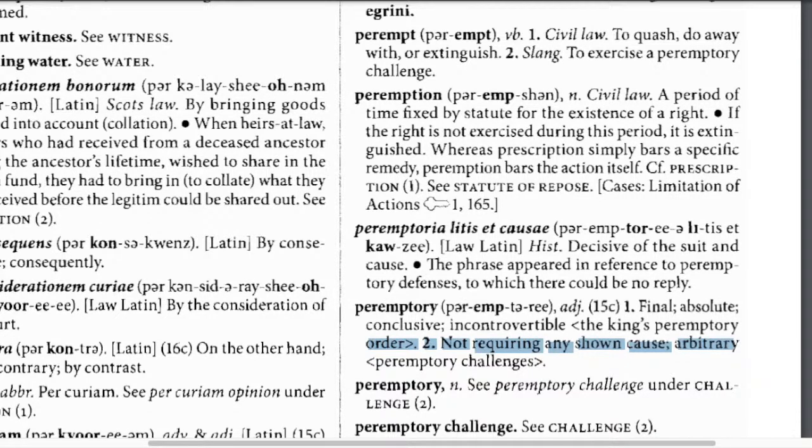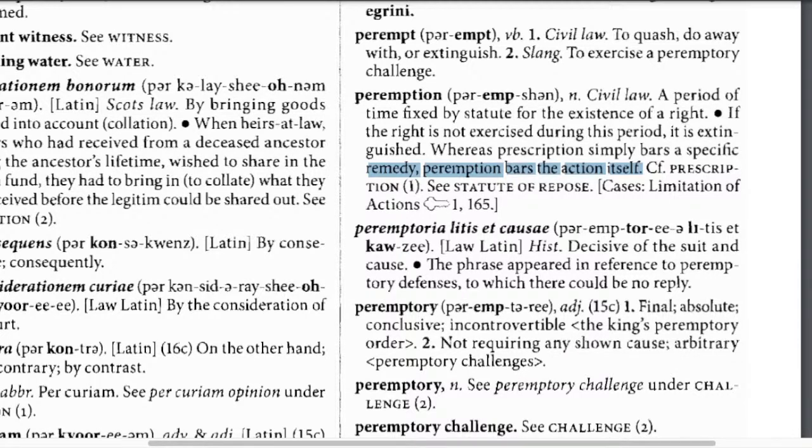So peremption is from civil law, a period of time fixed by statute for the existence of a right. Wow. If the right is not exercised during this period, it is extinguished. Whereas prescription simply bars a specific remedy, peremption bars the action itself. Wow.